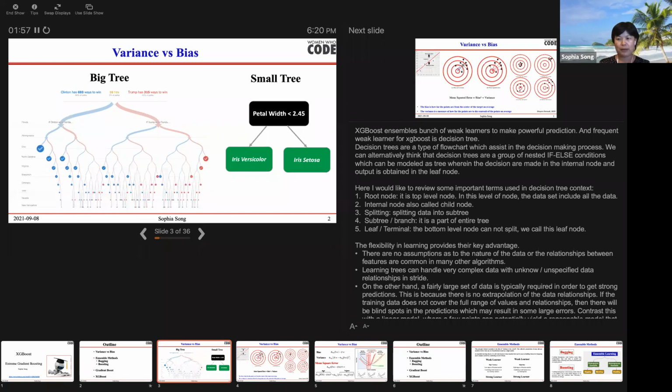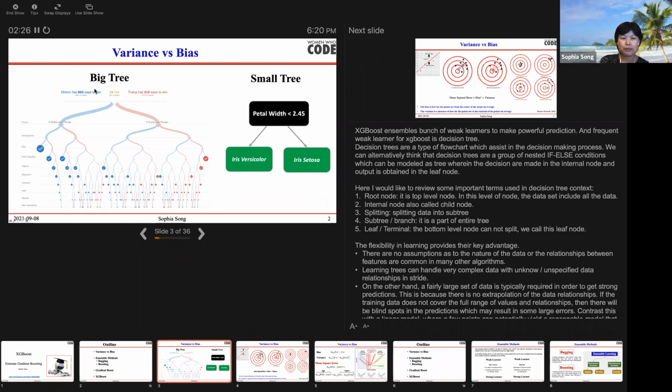Decisions in a decision tree are made in the internal nodes, and the output is obtained in the leaf node. The terminal is called the leaf node. Let me review some important terms used in the decision tree, like the root node.